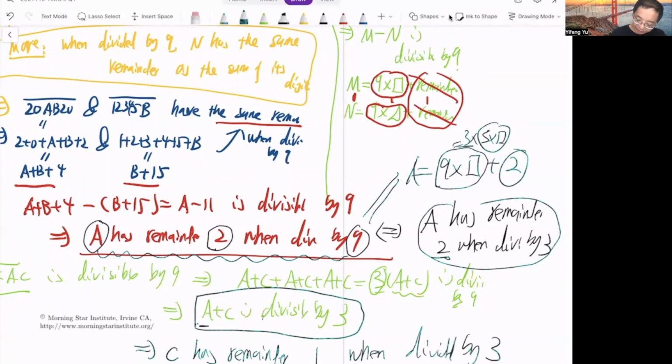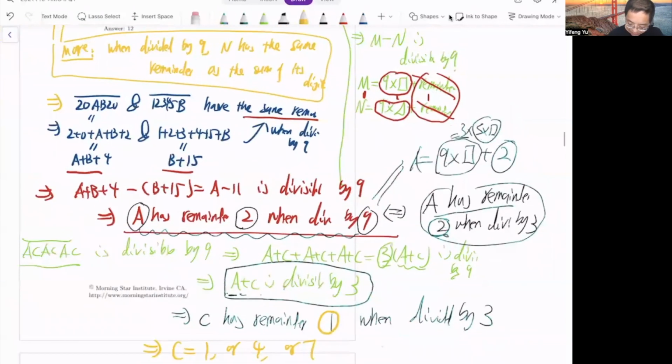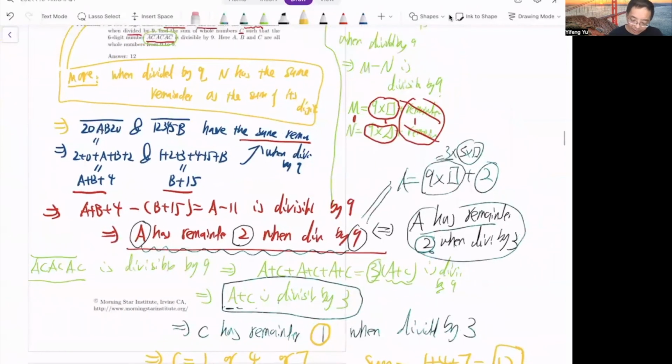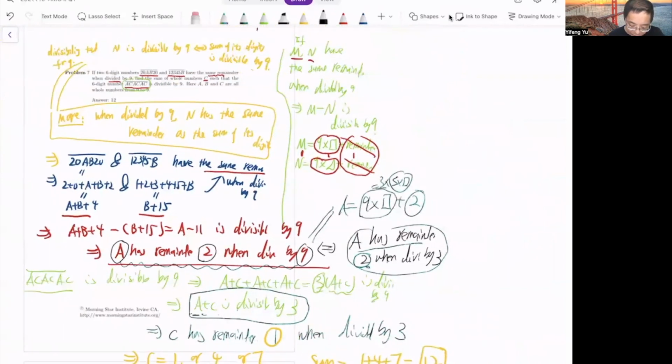Because a, when divided by 3, the remainder is 2, and a plus c is divisible by 3, then the remainder when c is divided by 3 has to be 1, right? Has to be 1. And then we say, okay, all the possible choices for c, we get c is 1 or 4 or 7. Now, if you add them together, the sum equals 1 plus 4 plus 7, which is 12.